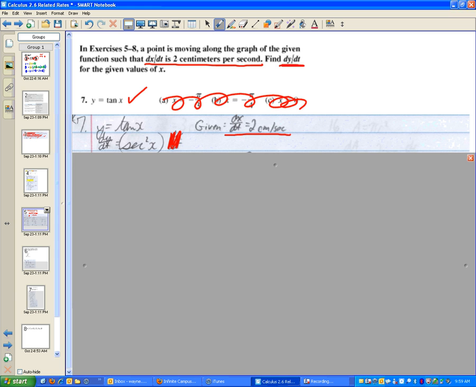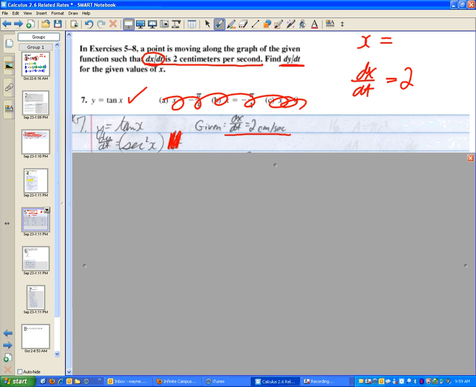But now, when they tell you that there's a rate of change called dx/dt, there must be a function called x that's a function of t. It's the only way dx/dt can exist. If you've got dx/dt equals 2, there must have been an x equals something before you took its derivative, right?